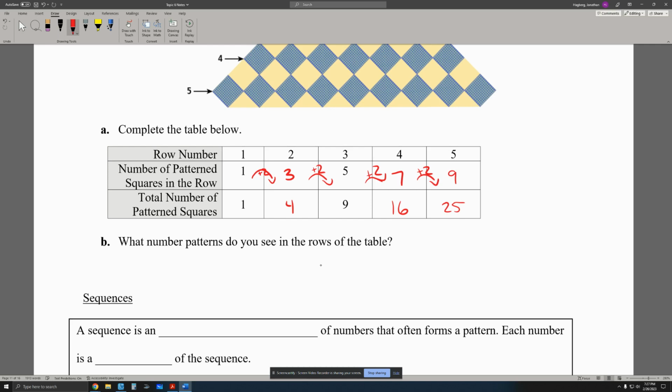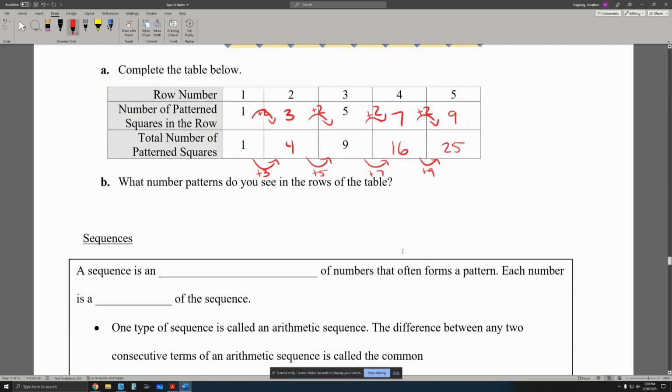And in the total number, this increases by 3, and then it increases by 5, and then by 7, and then by 9. And so I can see that the number of pattern squares in each row has a constant rate of change. It's adding 2 each time. And then the total number of pattern squares increases by that same pattern, plus 2 each time.